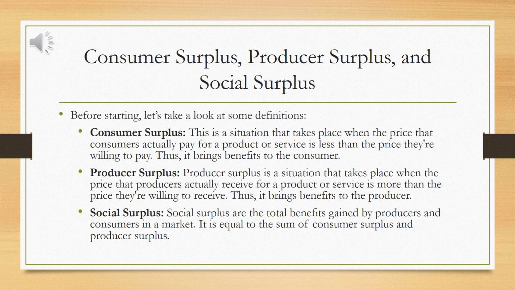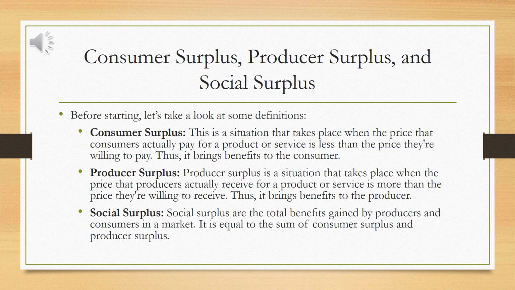A consumer surplus is a situation that takes place when the price that consumers actually pay for a product or service is less than the price they're willing to pay. Thus, it brings benefit to the consumer.